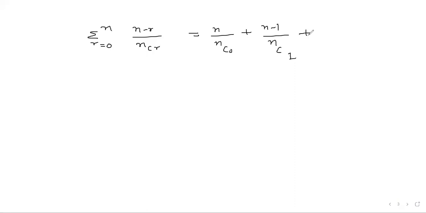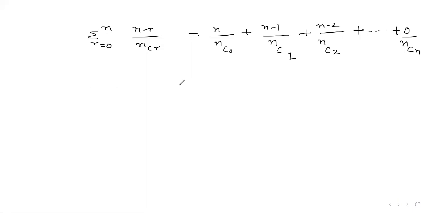Then the next one will be (n - 2) divided by nC2, till the last term. When r = n, then we will get 0 upon nCn.